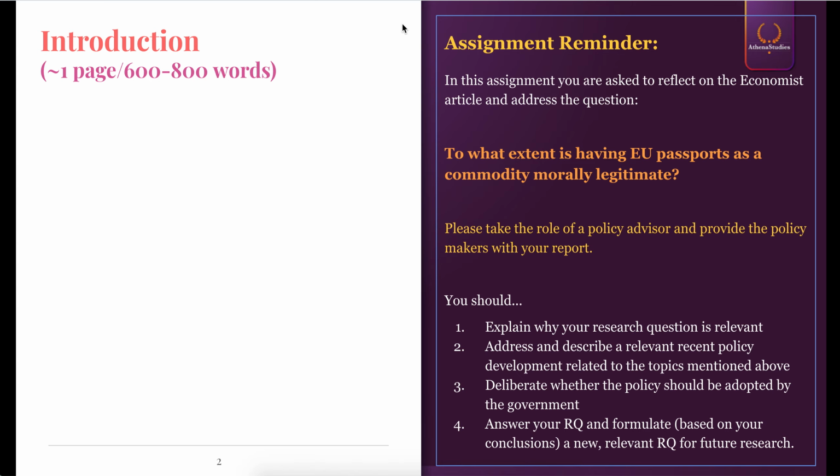You should explain why your research is relevant, address the recent policy, deliberate whether this policy should be adopted by the government, and then also answer your research question or central question, and formulate a new one. So this is basically the main guidelines of your entire assignment, but from here, you can make a more specific central question if you would like.